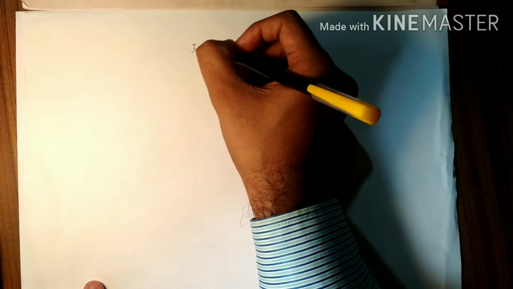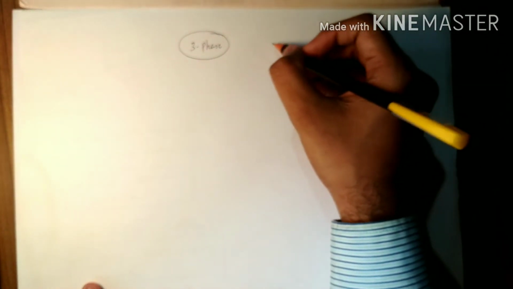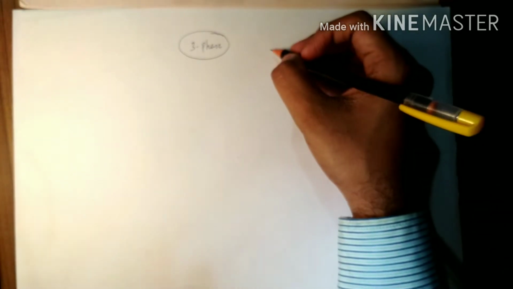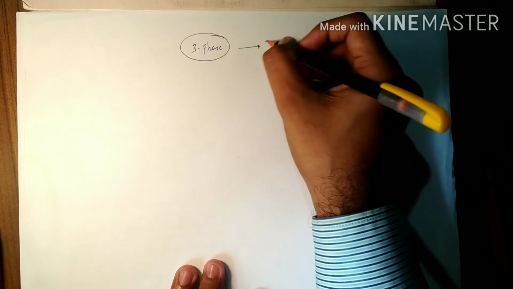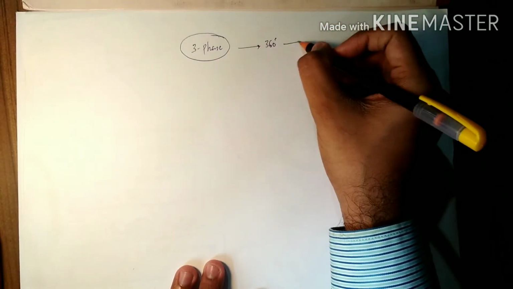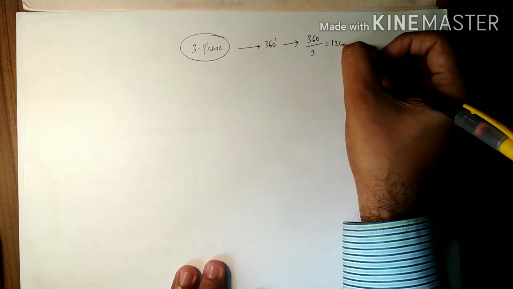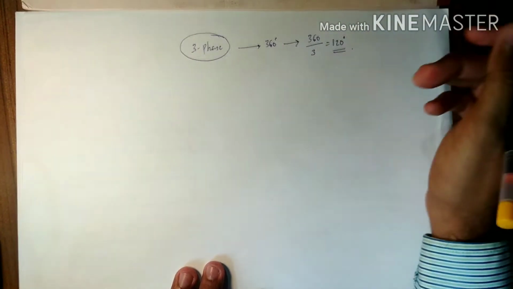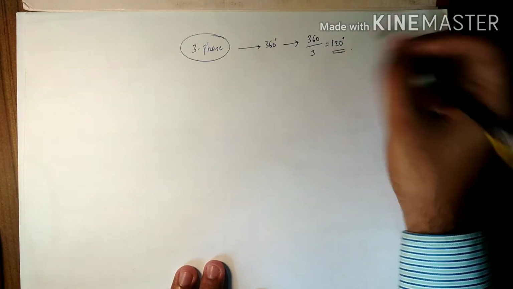So three-phase means you have three phases. So if, for example, the total angle is always 360 degree, then the difference between each phase will be 360 by 3, which is nothing but 120 degree. So 120 degree is the phase difference between each phase.